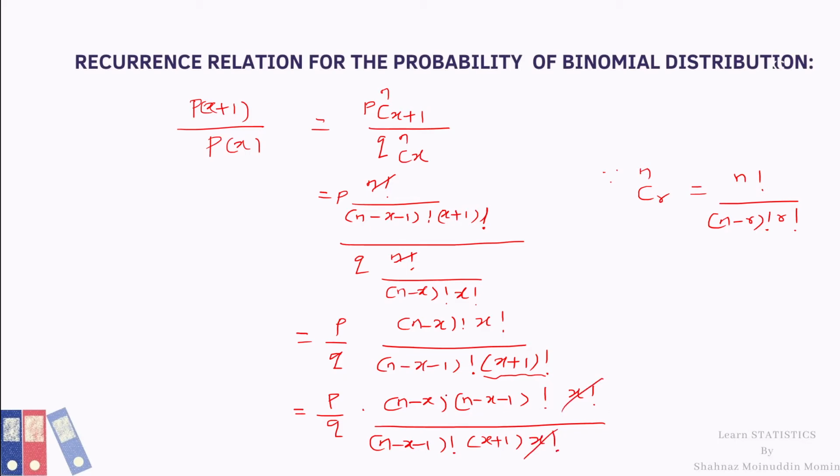X factorial gets cancelled. This n minus x minus 1 factorial gets cancelled.